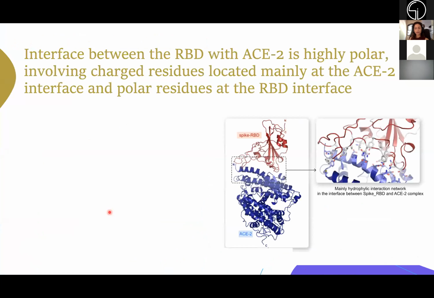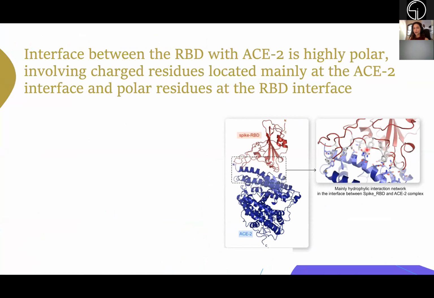So when you look close to the interface of human ACE2 and the spike, looking at the residues related with the interface, it was very interesting because it is highly polar, with polar, hydrophilic residues and a few hydrophobic residues.